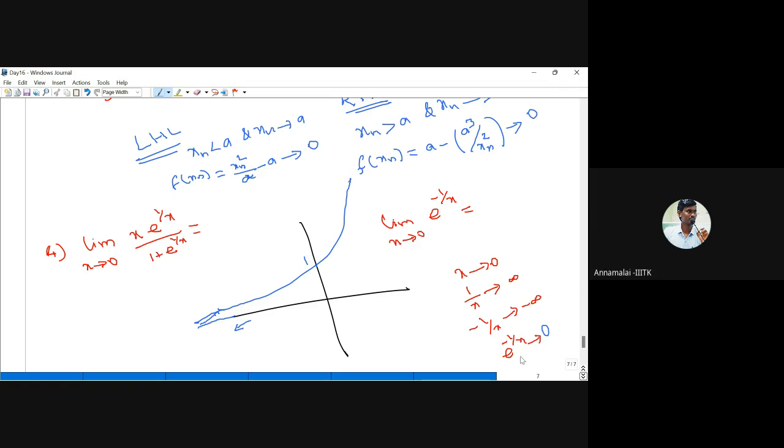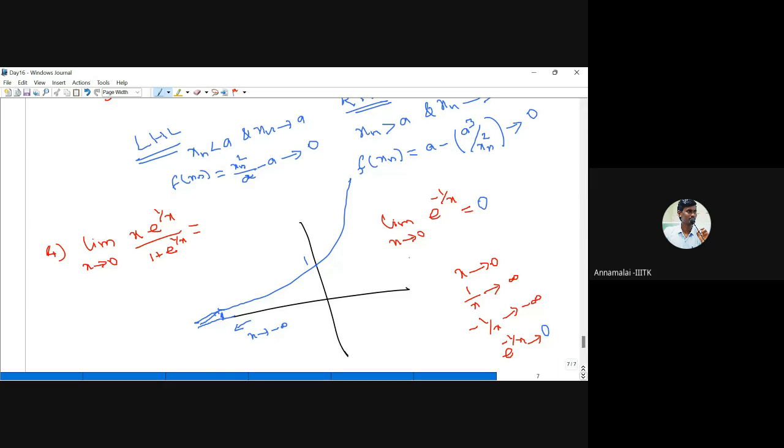E power x goes to infinity as x goes to infinity, and e power minus x goes to 0 as x goes to infinity. It is very near to the x-axis. Therefore, as x goes to minus infinity, e power x goes to 0. Okay, therefore the limit is 0.